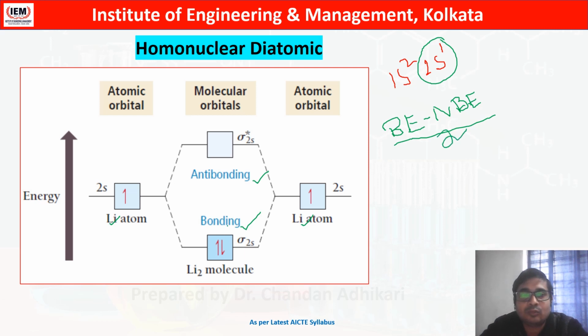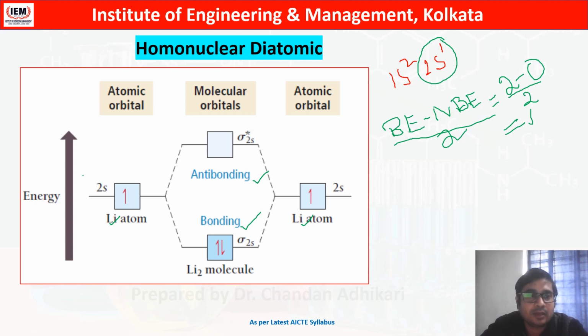In this case it is 2 minus 0 by 2, that means the bond order will be 1. So this is the molecular orbital diagram and corresponding bond order of the Li2 molecule.